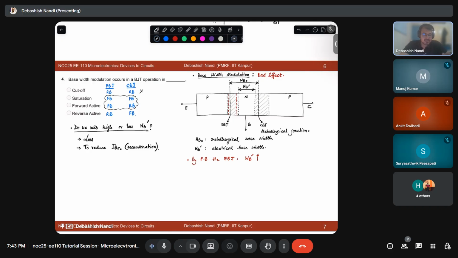But the main concern is, what is a BJT? What is the first level abstraction of a BJT? If I ask you what a BJT is, what should directly come into your mind?